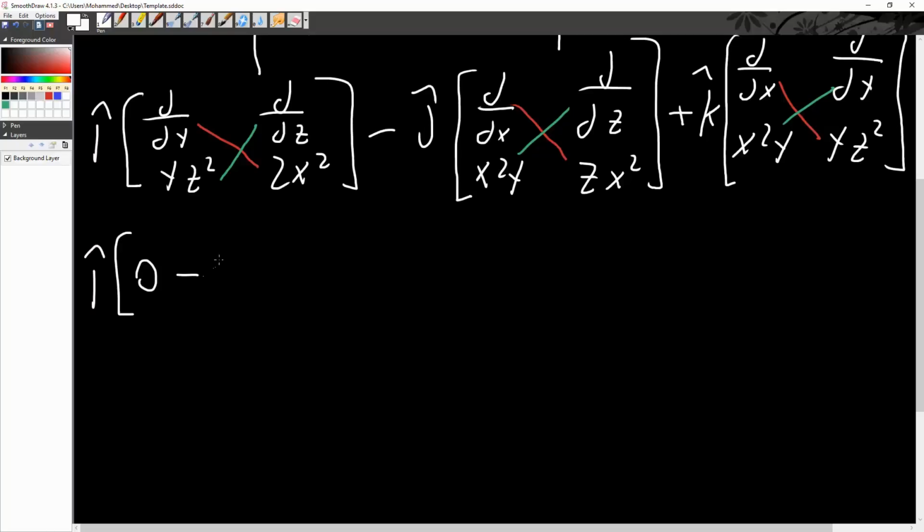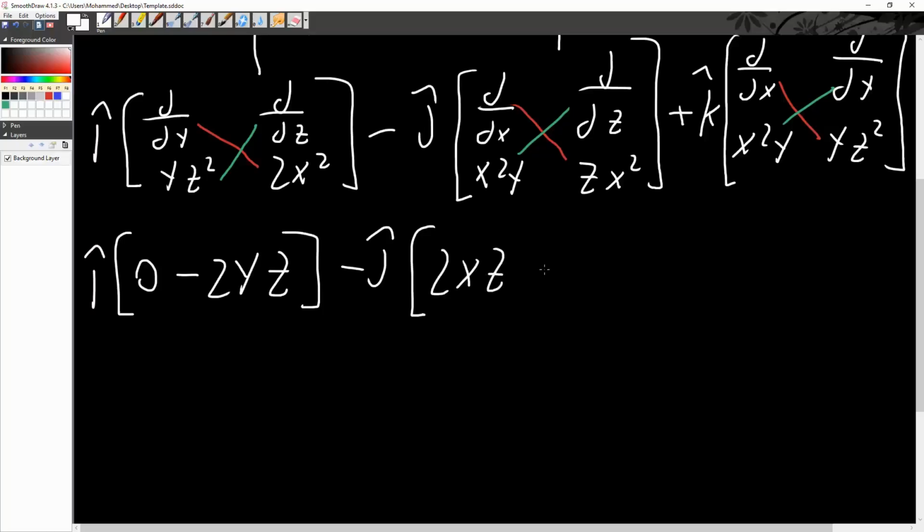So that's going to be minus 2yz. So I'm going to do minus j. So the partial derivative in terms of x for z x squared would be 2xz, minus the partial derivative in terms of z for x squared y, no z, so minus 0, plus k.